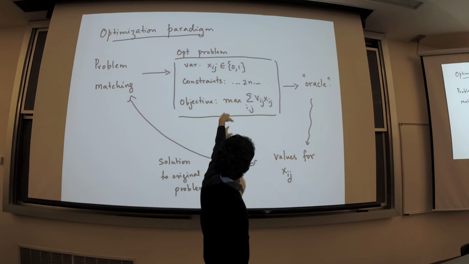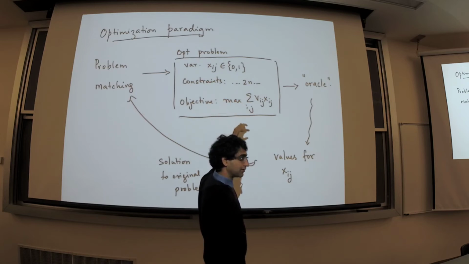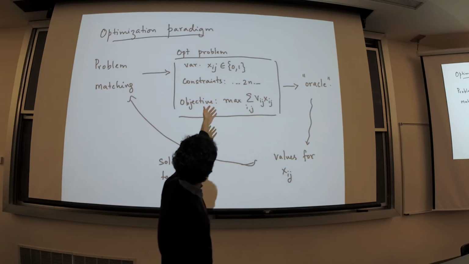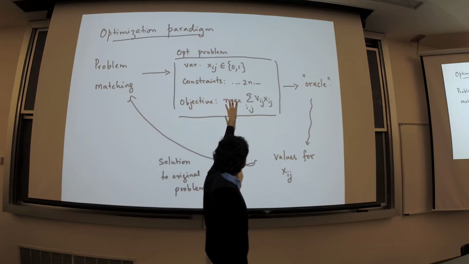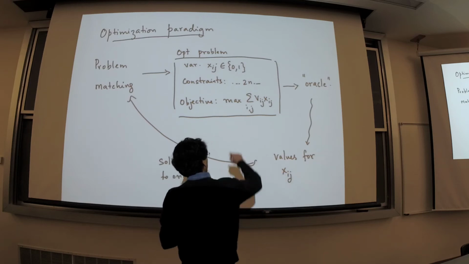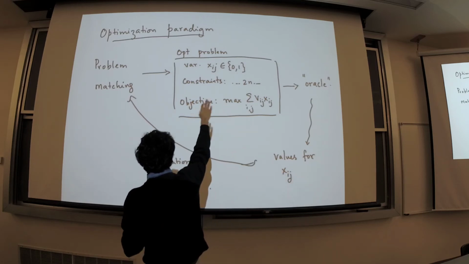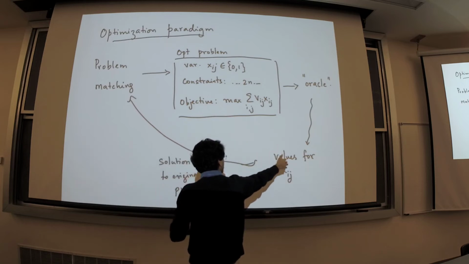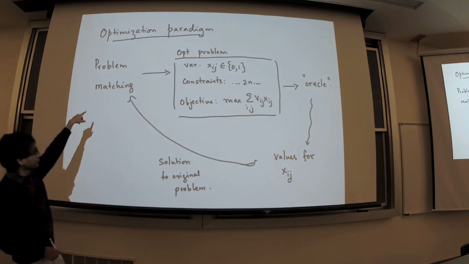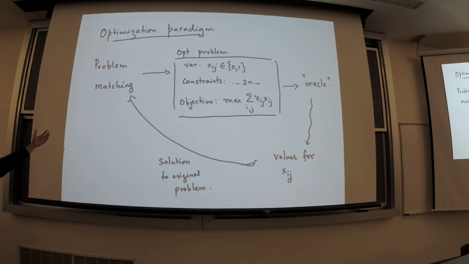It only sees these constraints and some variables, and it produces the best possible solution for this phrasing. Your constraints and objective should be such that from these values of x_ij you can come up with hopefully the optimal solution to the original problem.